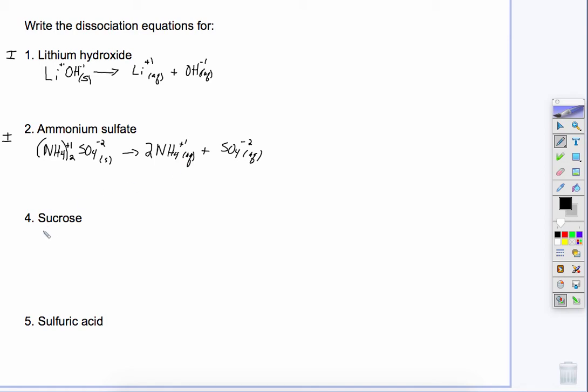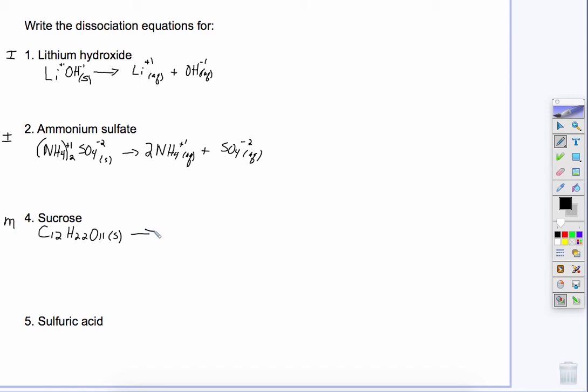All right, sucrose is table sugar, so it's C12H22O11. Now, let's say we have some solid table sugar. If you look at this, it starts with a non-metal, so this is a molecular compound. It's not made up of ions.